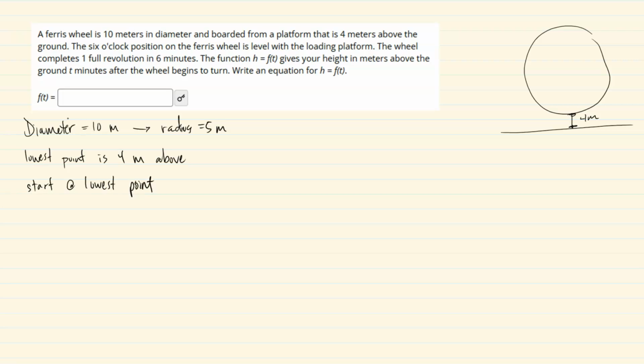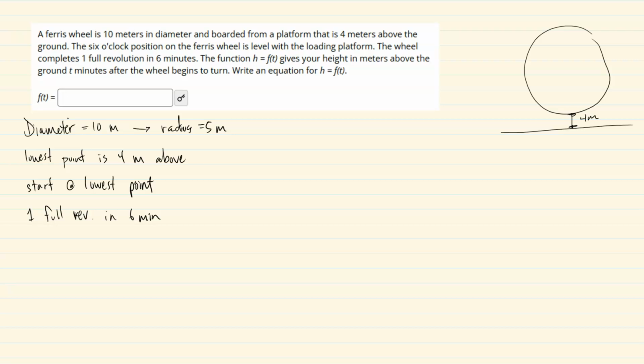It's good to just jot down all the given information that we have in the problem. So one full revolution is 6 minutes. So let's just write that. One full rev in 6 minutes. Okay, that's all important information.